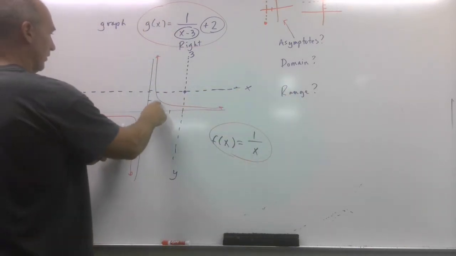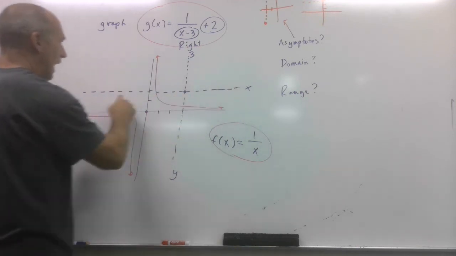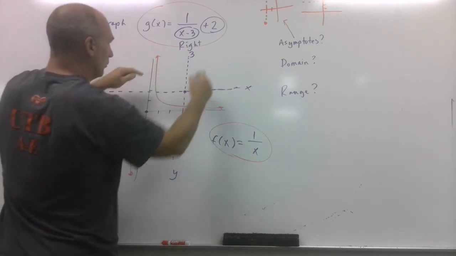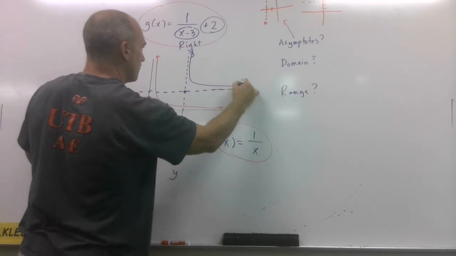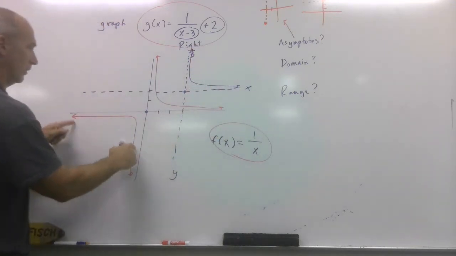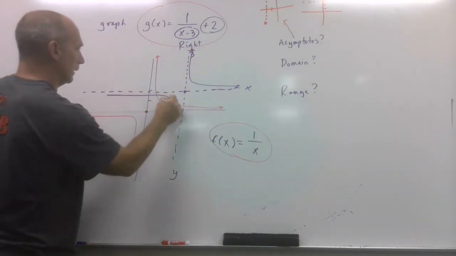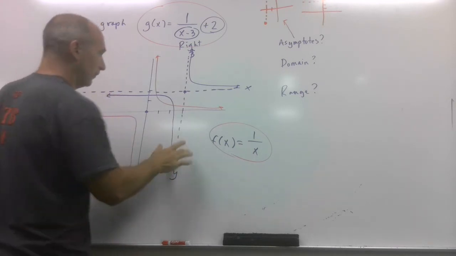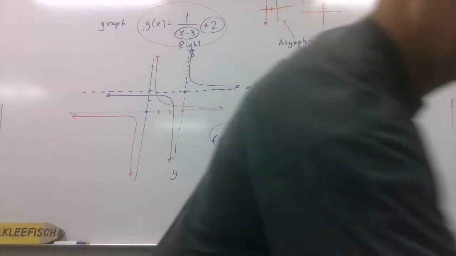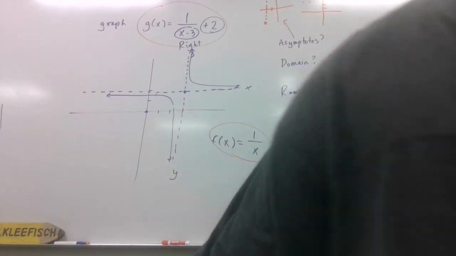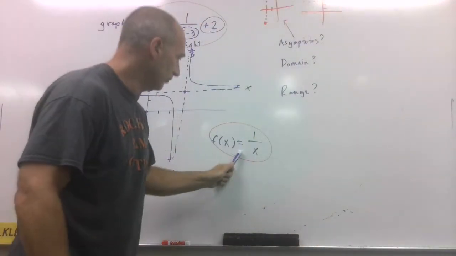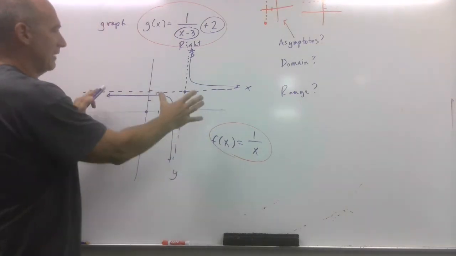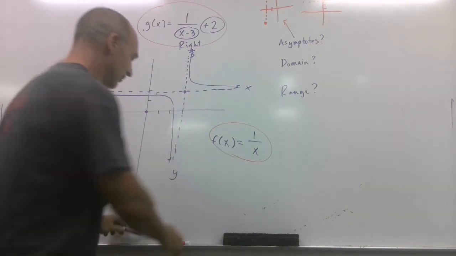So I'm going to draw the same picture on this dotted graph. So this portion would just go right here. This portion would go right here. And now to avoid all the confusion, I'm going to hit pause. Okay, so as you can see, I erased the parent function because it's just too distracting, because they're going to ask us questions now.